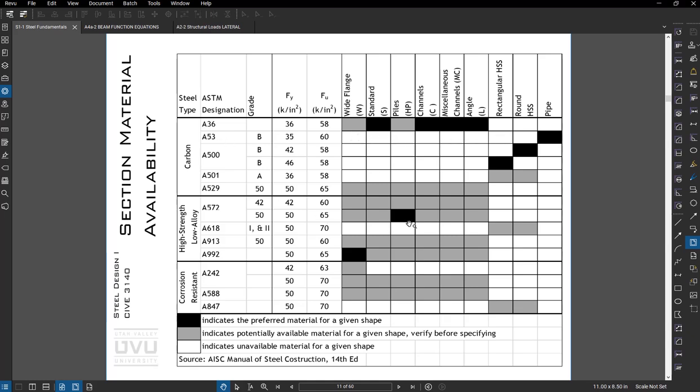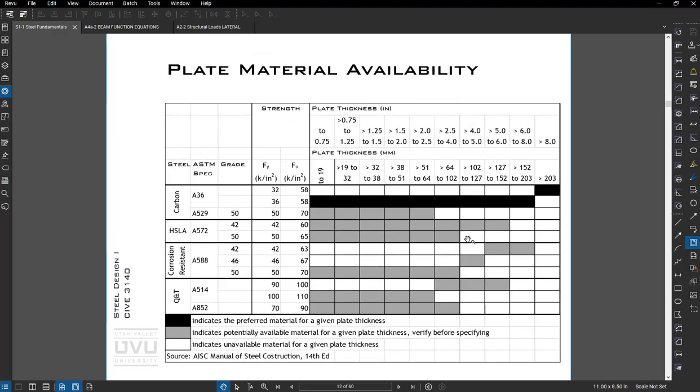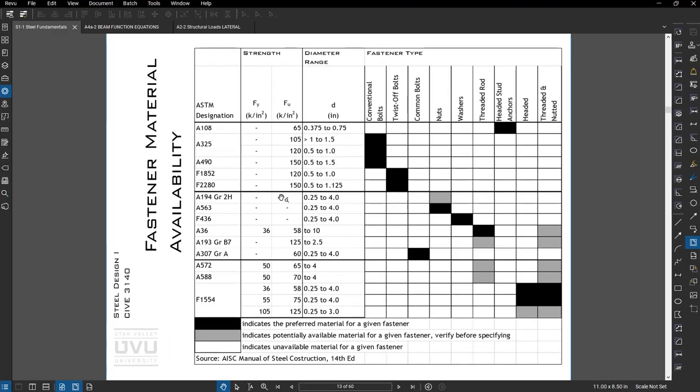Let's say I have wide flange, A992, but I also can get it in A572 and all these other steels. The challenge when you use these gray boxes is the mill runs may be infrequent and it may be quite difficult to get the material in a timely manner. All right, so you can check that out, study these tables a little bit more.